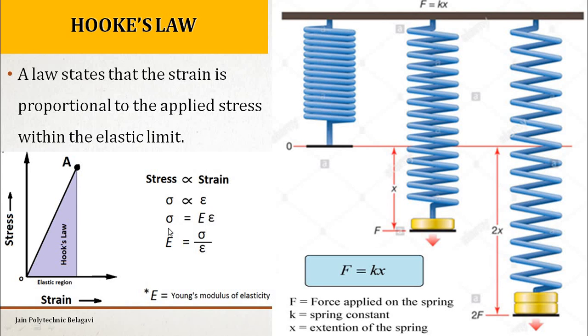You can drop the strain to the bottom, that is the denominator. So Young's modulus is given by stress divided by strain. This is how Hooke's law is formed. Stress is proportional to strain within the elastic limit is very, very important.